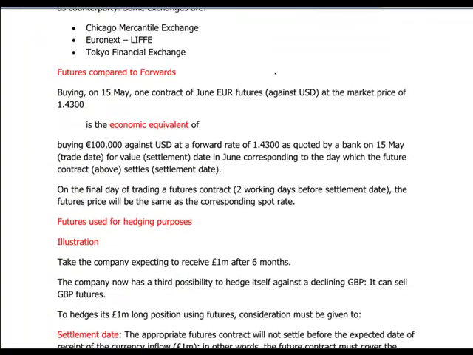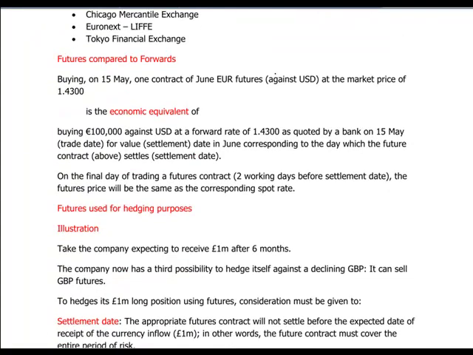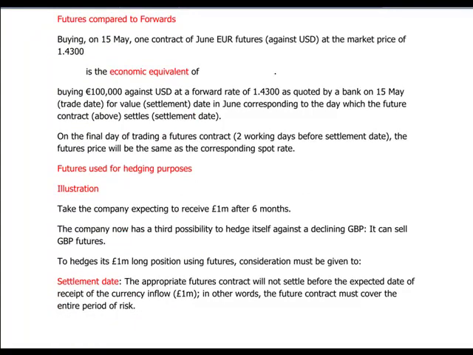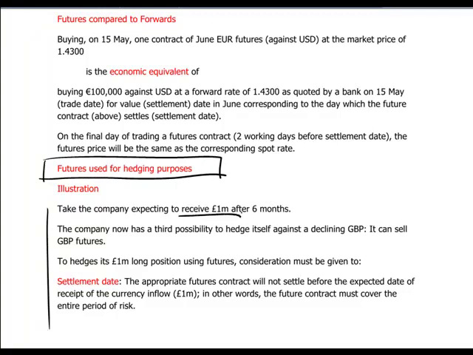They are all designed to assist the company in being able to hedge its foreign currency exposures. And you have an example here. This is the same example as the initial one. The company expects to receive 1 million pounds after 6 months. And outlined here is a possible solution to that story.